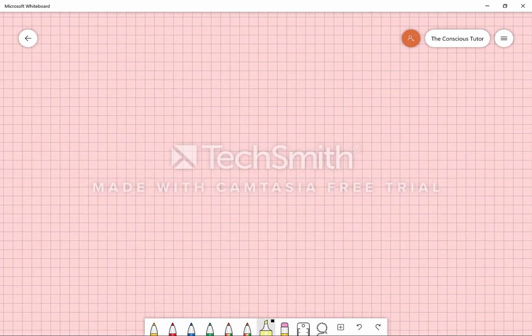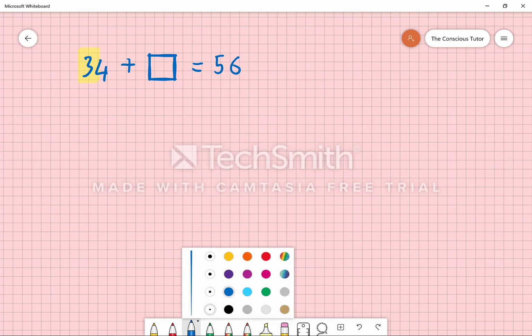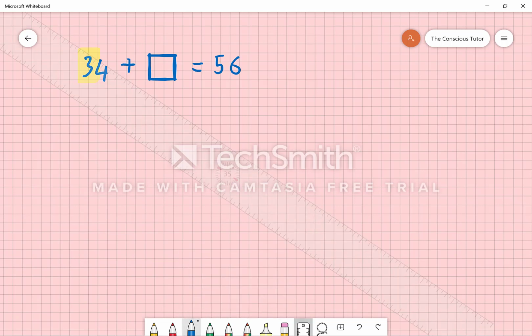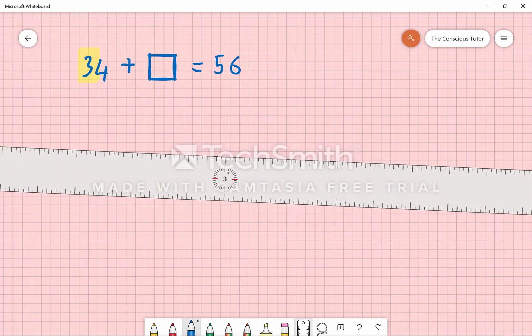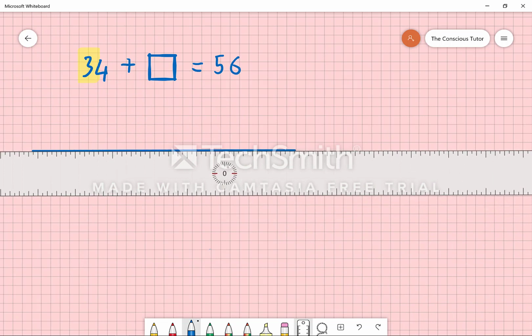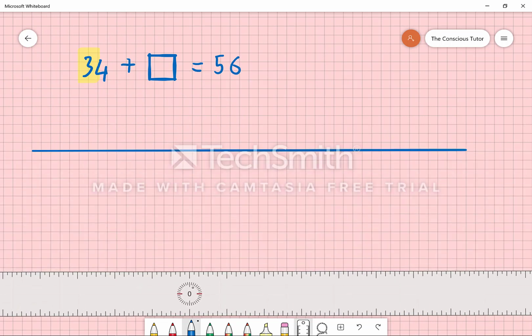So if we had, for example, 34 add something equals 56, children can solve this by the use of a number line. That's one way in which they could do it.